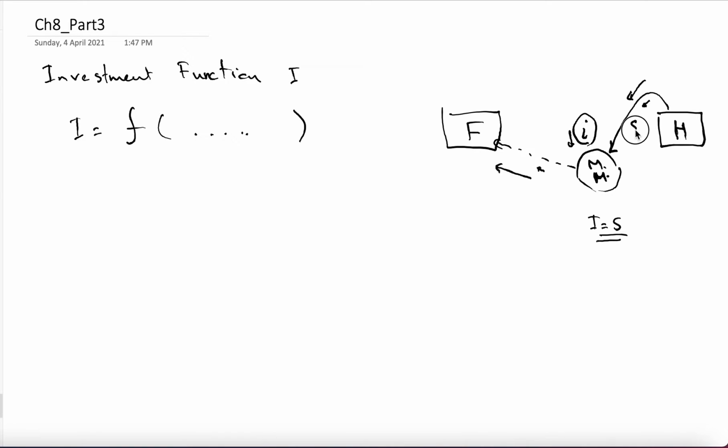So this is the supply of money, the supply of credit, and this is the demand for the credit. These are the borrowers.